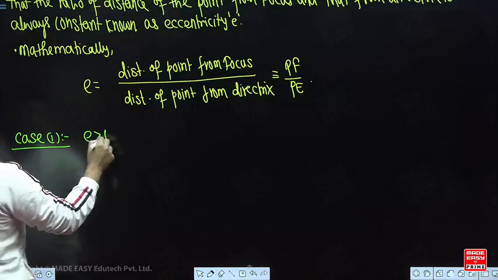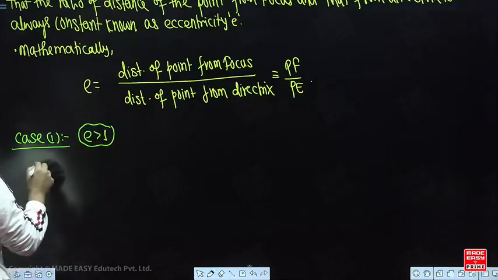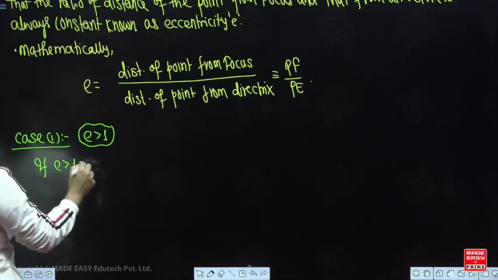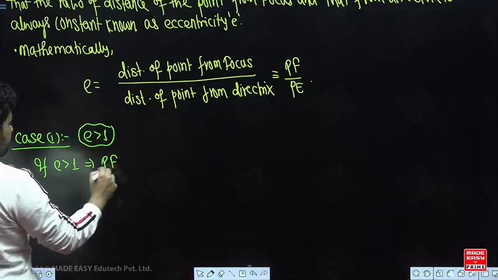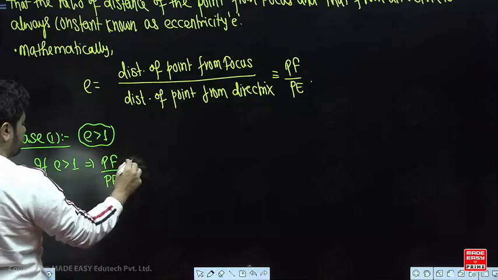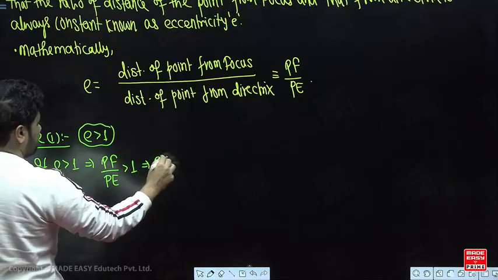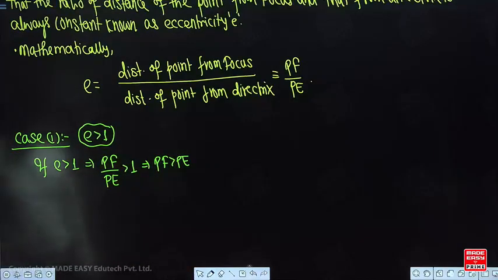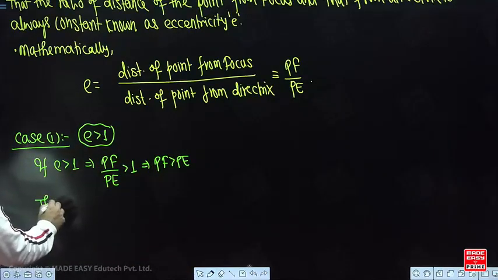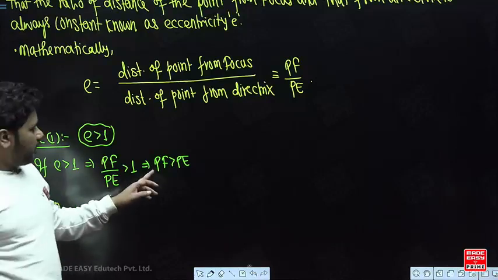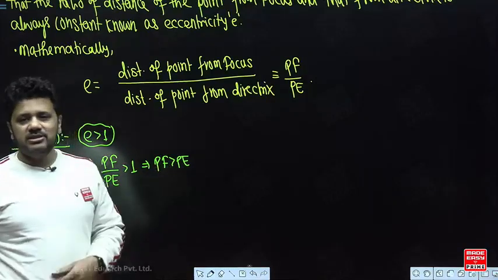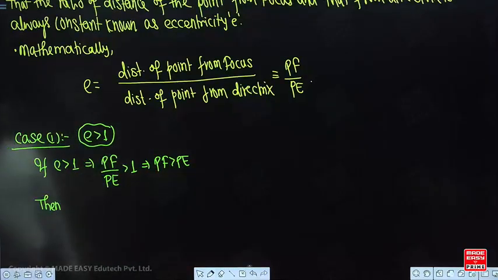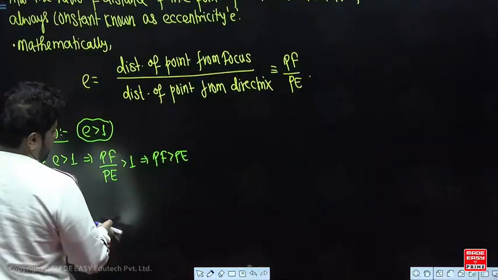E is greater than 1. If E is greater than 1, it means PF upon PE is greater than 1, means PF is greater than PE, correct? So that means the distance of the point from the focus is greater than the distance of the point from the directrix, right?